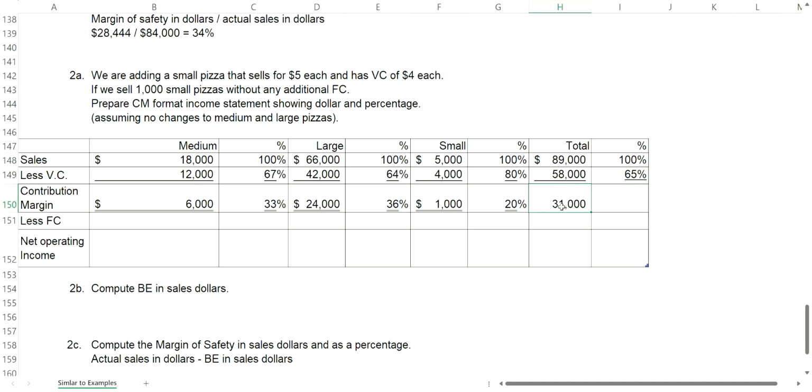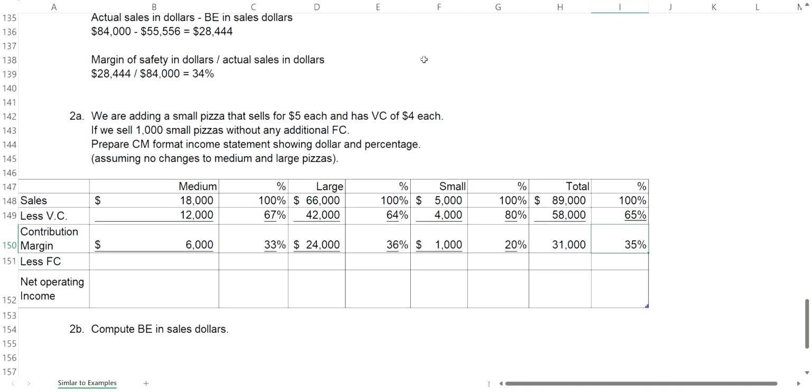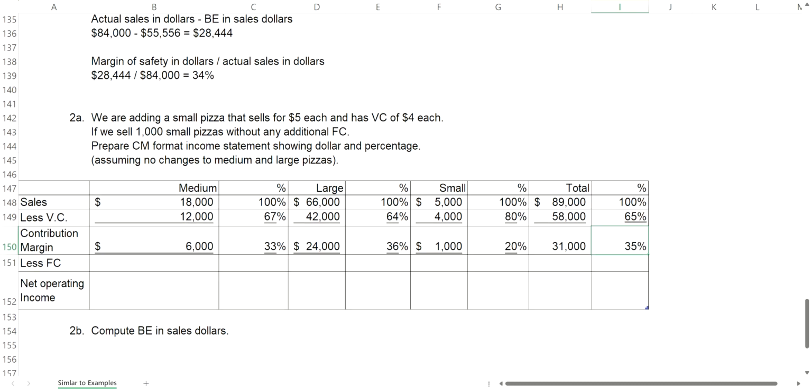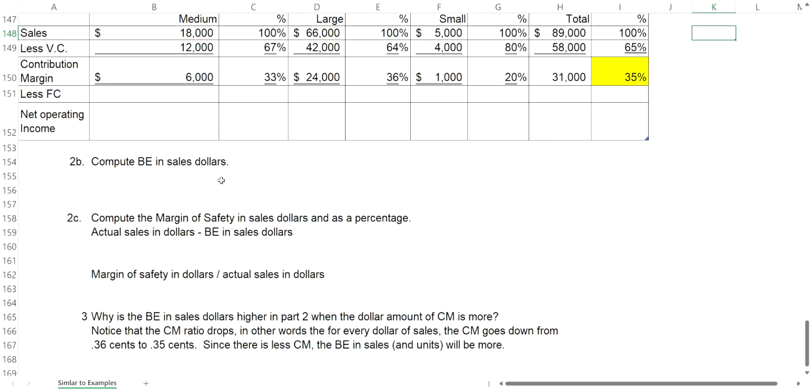And 31,000 divided by 89,000 will give me 35%. So 35% then is my new overall contribution margin ratio. Okay, so now let's answer the questions. Let's start with 2B. Oh, and we're assuming, I should finish this out, that fixed cost did not change from 20,000, giving us now a net operating income of $11,000.